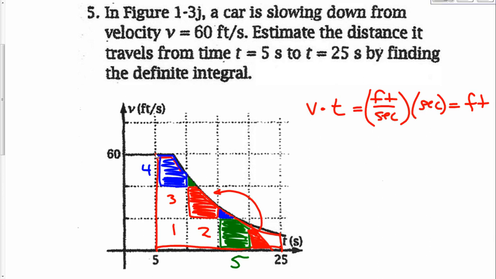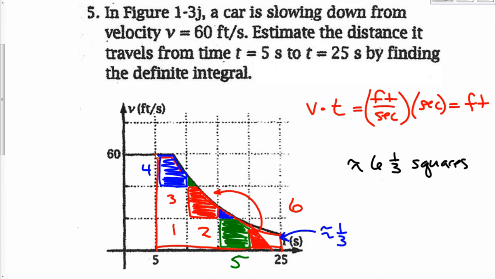So I'm going to call the reds that I've just shaded square number 6. And I have this little white space left over, which I estimated to be about 1/3 of a square. And again, that's where estimation is coming into play. So right now we have approximately 6 1/3 squares.